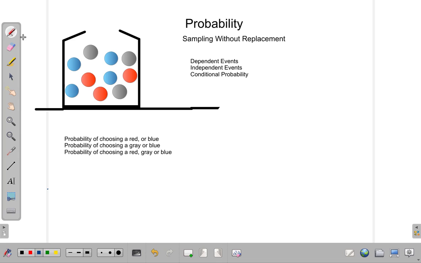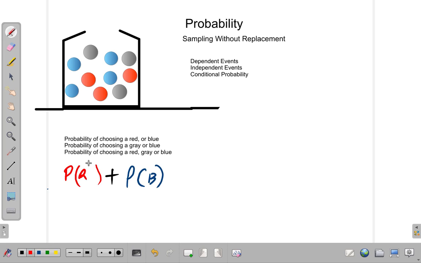If you remember, the probability of you picking a red or a blue is the probability of you picking a red, plus the probability of you picking a blue. Alright?